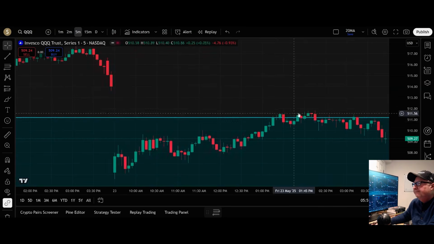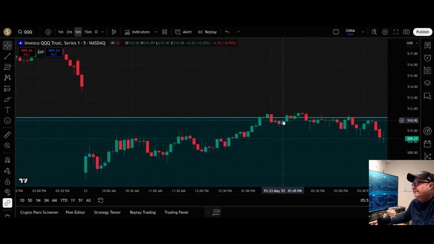You had a double top in the Qs, almost had a triple top, sort of a head and shoulders type pattern. But in any case, that was the level that we got to on Friday. And then we had trouble, right? I think 511.84 was the high.